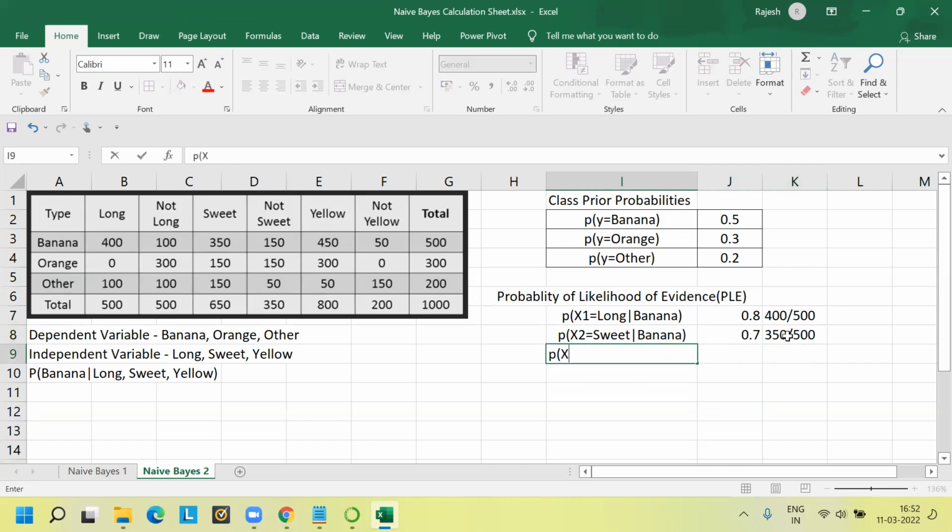Probability of x3 equal to yellow given it is banana. How many yellows are there? 450 by 500.